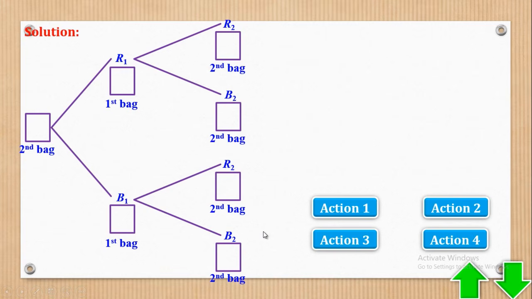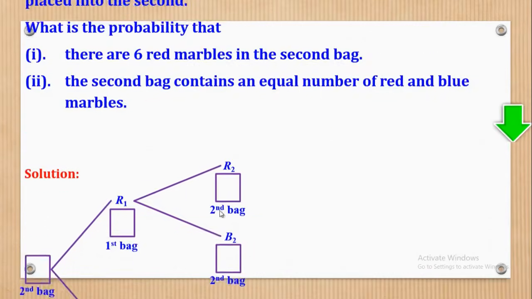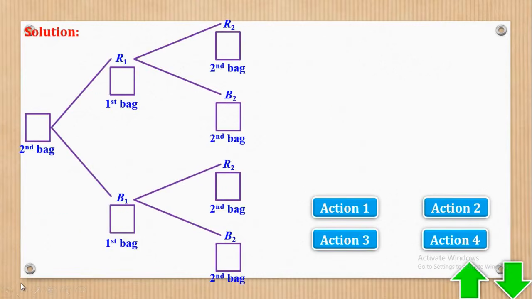So now let's start filling our tree diagram. First of all, initially, this second bag has 6 red and 8 blue. So we shall write here 6 red and also 8 blue. When you do that, if I want to pick red, it will be 6 over 14.